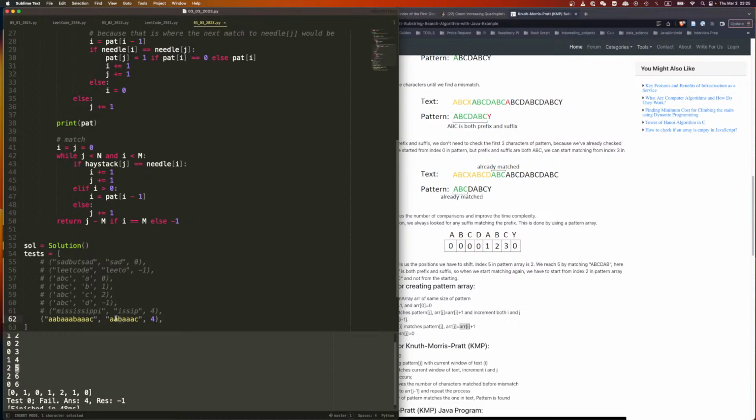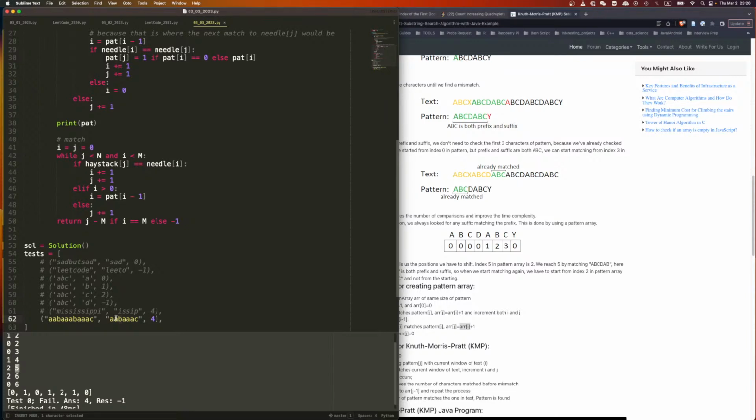So we'll land at the position that we need to compare, which means the previous one is matching. This is the new thing that's not matching.